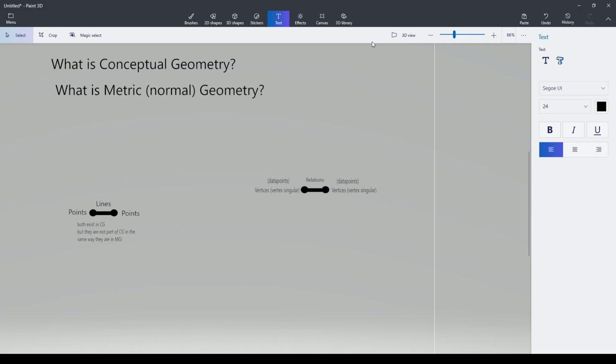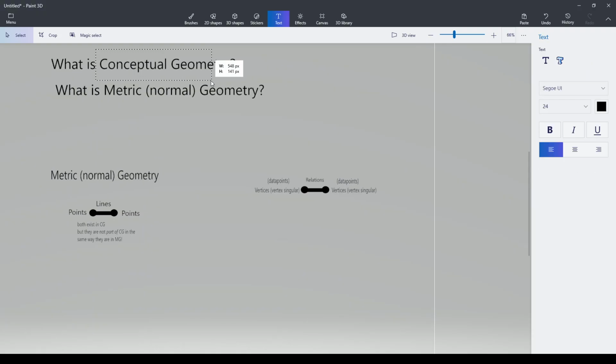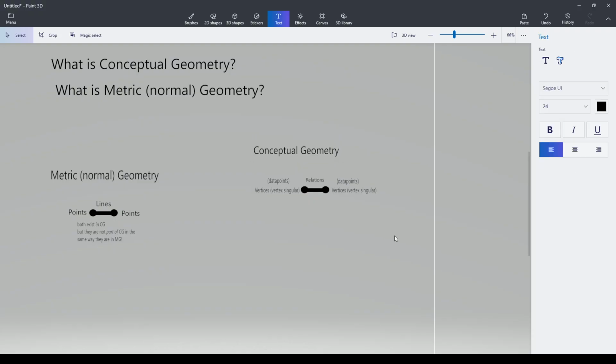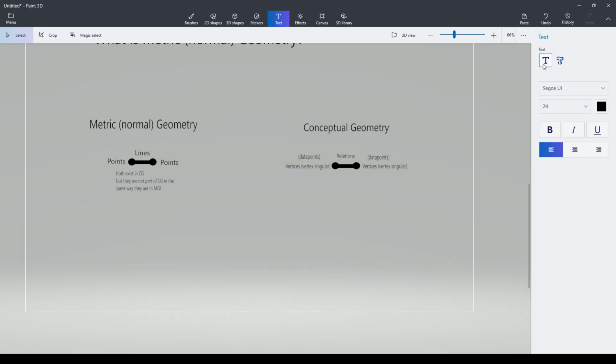So, metric or normal geometry and conceptual geometry are different, and I'm trying to avoid using words like teleology, but they're different in one very big way.